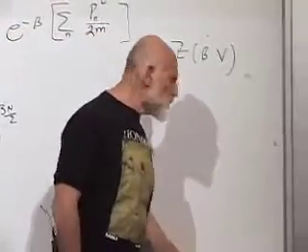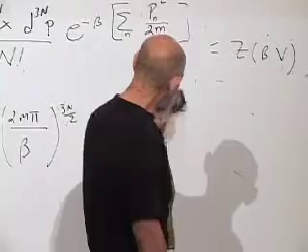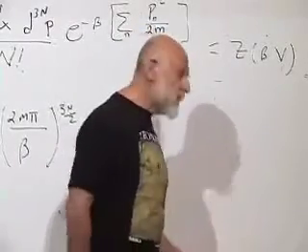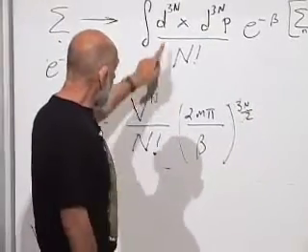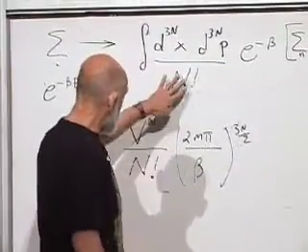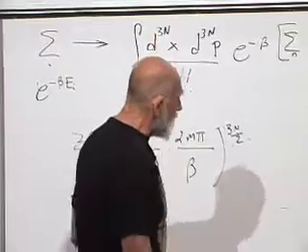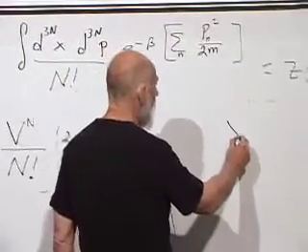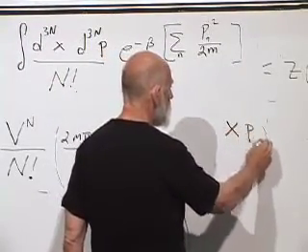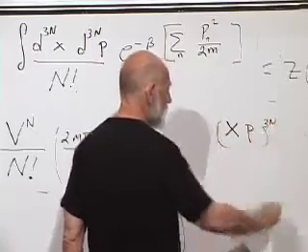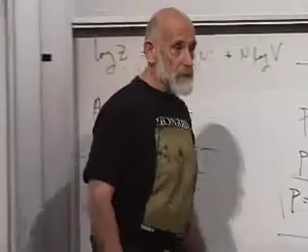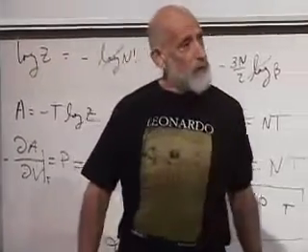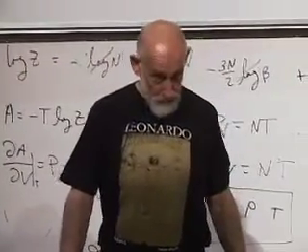So the usual definition of the partition function is dimensionless. On the other hand, with this definition here, the partition function has the dimensions of whatever x times momentum to the 3n power are. Now, x times momentum is not dimensionless. It has units of what is called action.